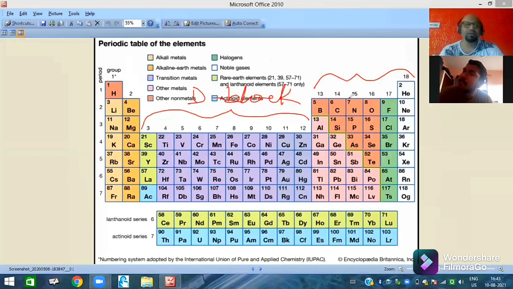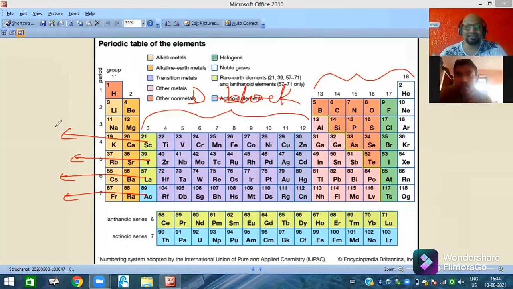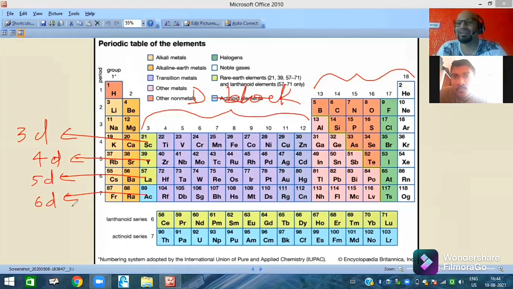Okay. So if you look at the D block elements, you can find this is one D block series, another, third series, fourth series. So there are 4 series of D block elements. The first series is called 3D series. Second is called 4D series. Then 5D series. Then 6D series. Why are their names 3D series, 4D series, 5D series?